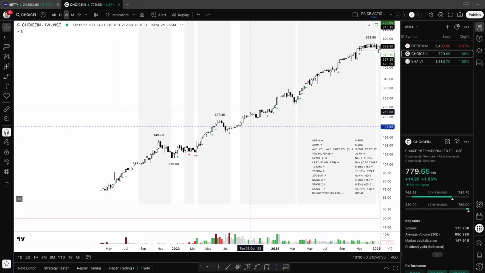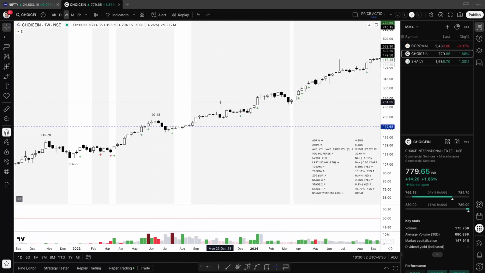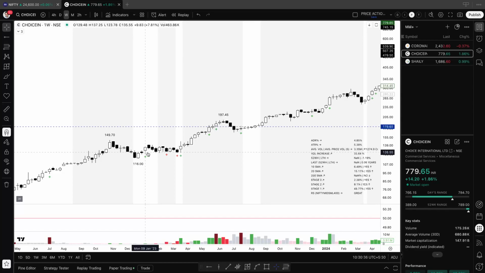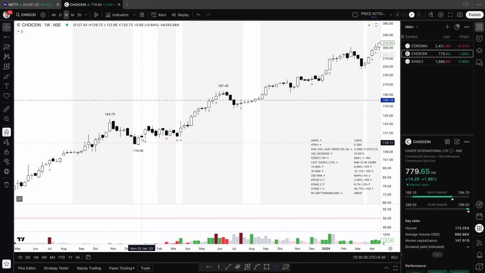You can see here also, for so many weeks price was very tight, but plus signs started to show. Not too much volume is happening, but our system is telling us something is happening here.